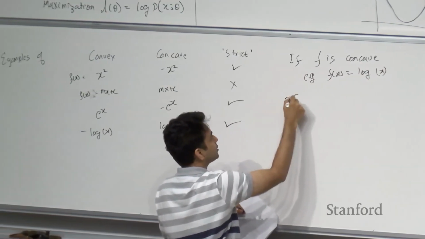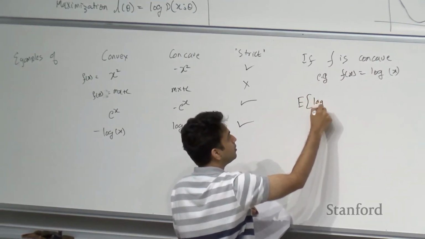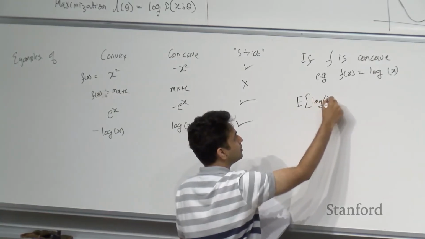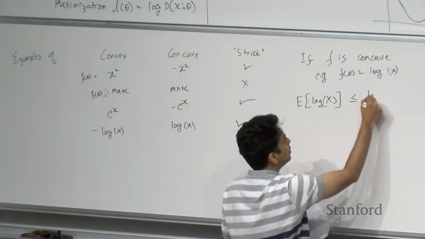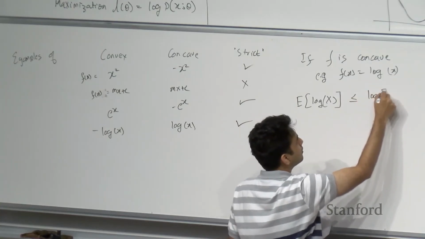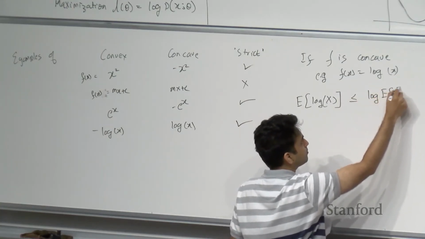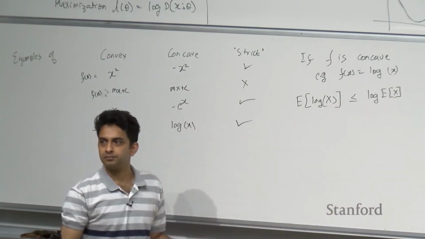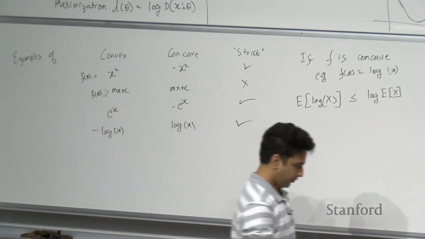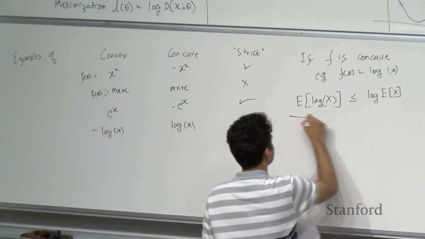So the expectation of log x, instead of greater than or equal to, will be less than or equal to log of the expectation of x. Right? This is also Jensen's inequality.